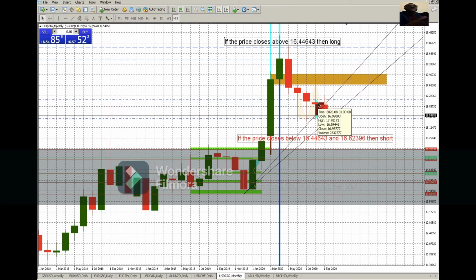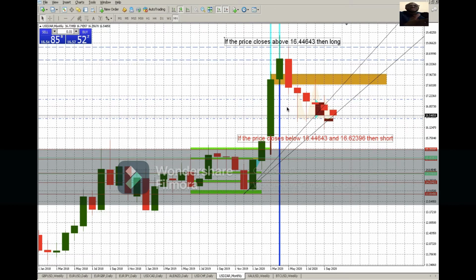And usually an evening star is a pattern that signifies, or that supports, bearish movement. If it's a morning star, it will be supporting the bullish movements, right?